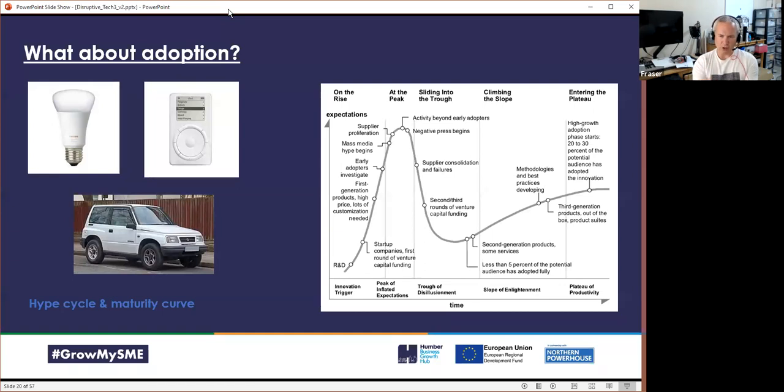But what I really wanted to draw your attention to was the maturity or adoption curve on the right there, which I think articulates the pains of bringing something to market quite well, in that there is this hype, this peak of inflated expectations, then this disillusionment, enlightenment, and productivity.